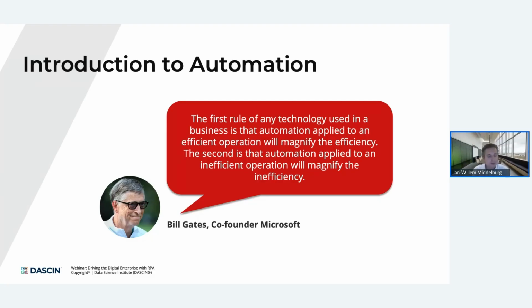And that first and foremost means that you need to have good processes in the first place. If you're introducing automation to an inefficient process, on the other hand, it will just increase the clutter. It will make things even slower or more complex. And that's something that we would like to avoid.